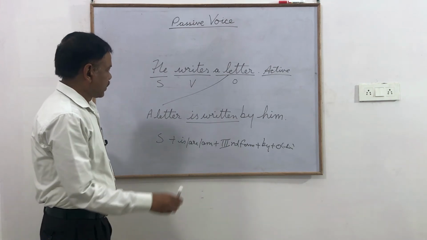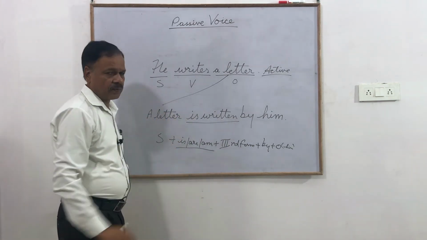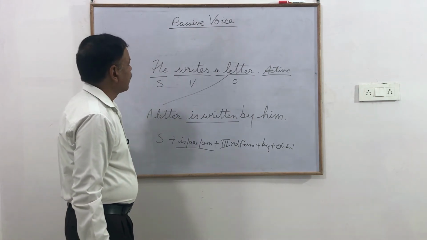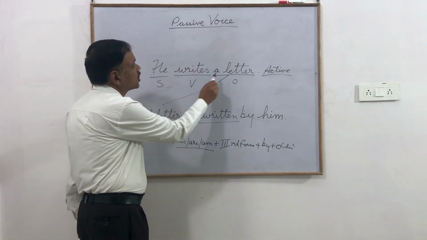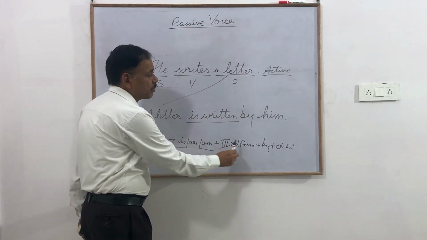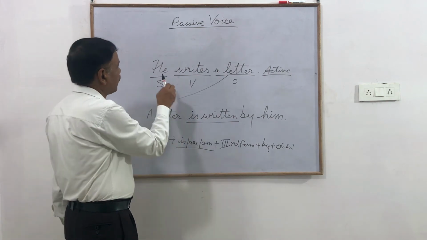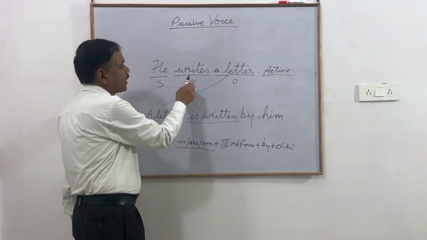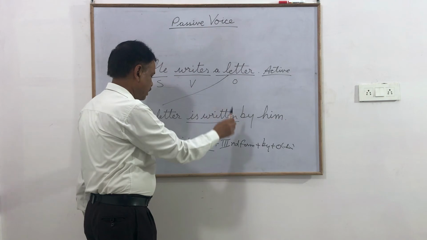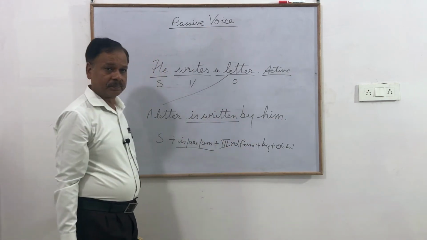Now suppose I just want to use these in front of you. If I say he beats me, then it becomes I am beaten by him. Suppose he writes letters, then letters are written by him.